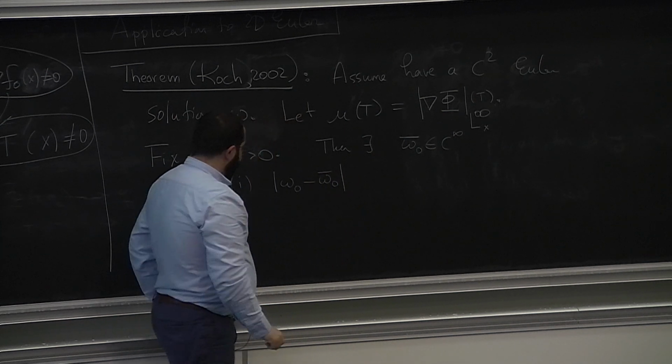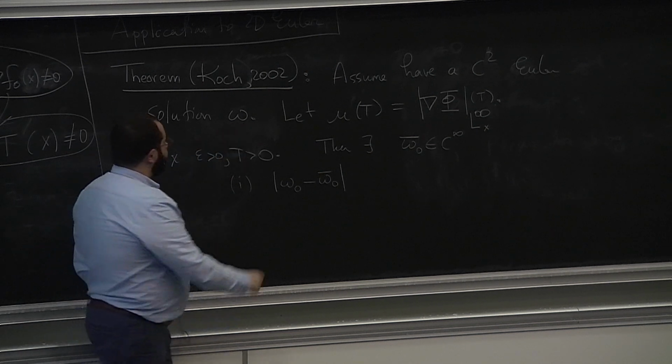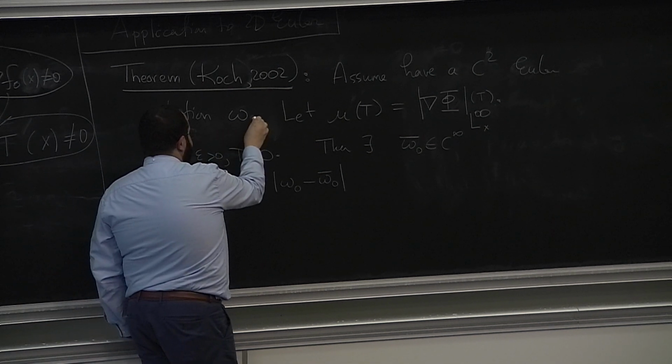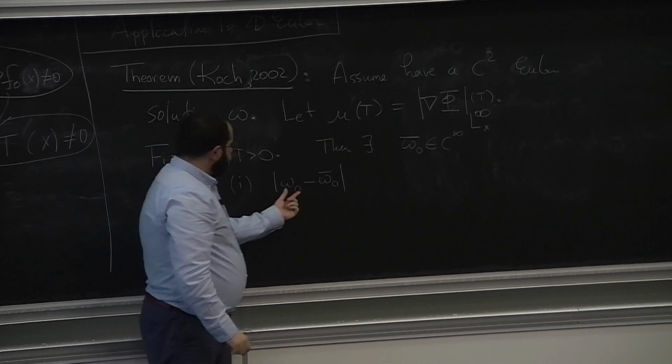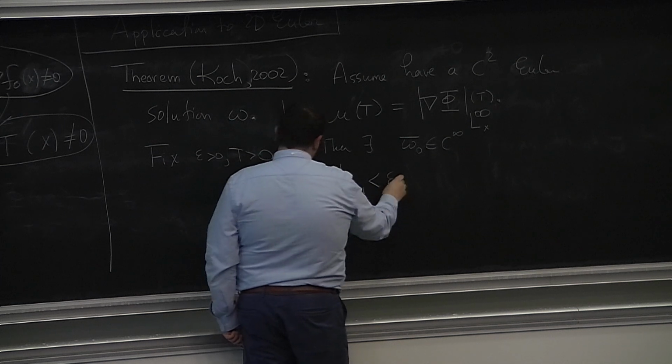So always omega 0 is associated to omega. And C1, it's epsilon away.